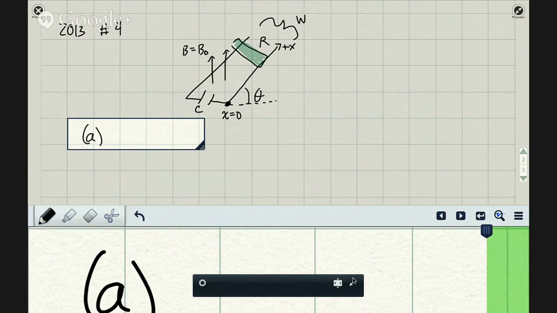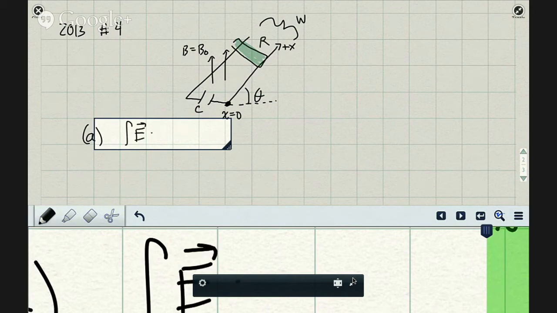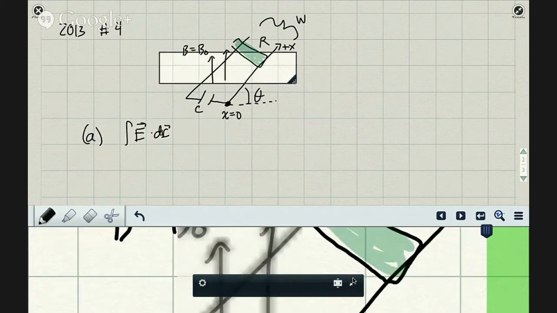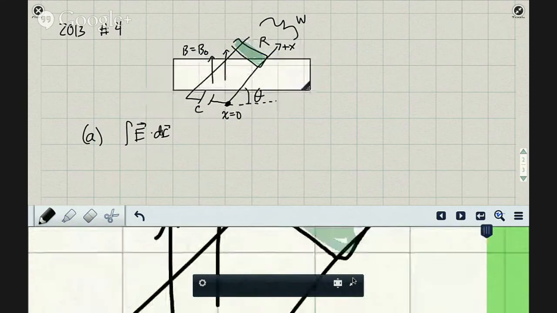So we want to relate the charge on the capacitor plates to the velocity, all right? And there's only really one law that has any sort of relationship to a changing magnetic flux through some area, and that's what we have. Look, we have an area that's made of this bar, this end of the rail, and then these two rails here, right?